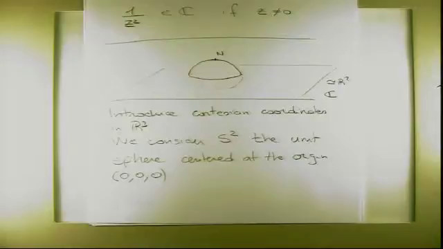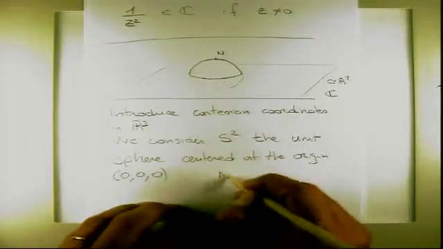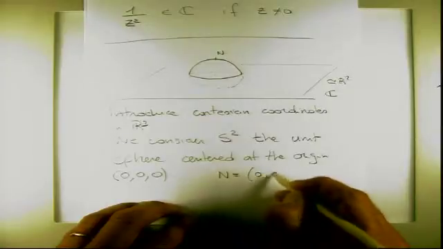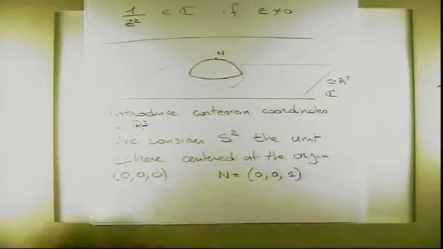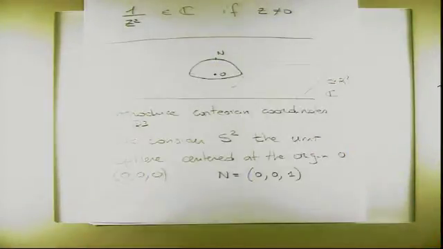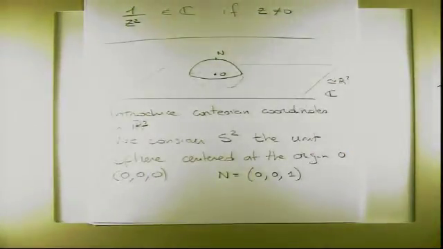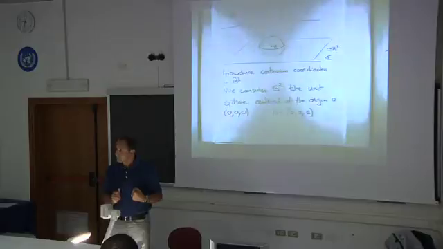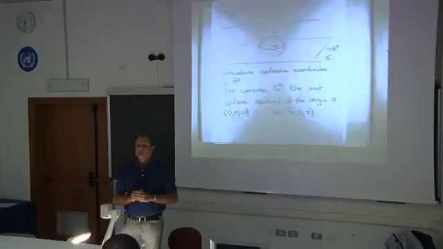Therefore, in these coordinates, the point N, the north pole, has coordinates 0, 0, 1. This is the origin O, and this is the point in the direction of the third axis, positively oriented.